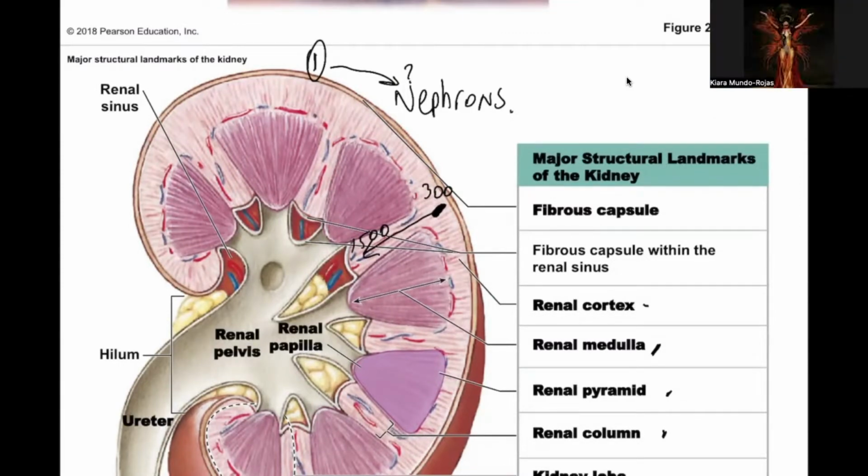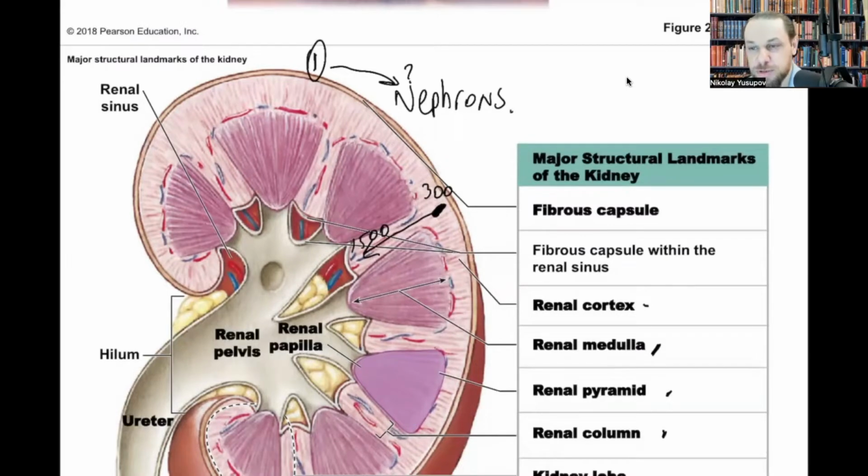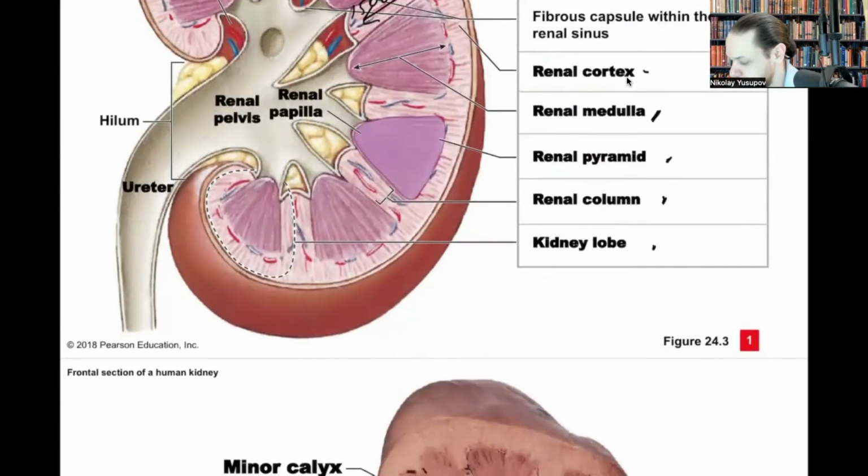Over 5 million? A little too much, but every kidney has, roughly speaking, 1.2 million nephrons. So if you combine the two kidneys, you'd probably be sitting at 2 million, maybe 2 million plus. So if you have good, healthy kidneys, you have about 2 million of these nephrons, which are the functional units, which we're going to talk about.